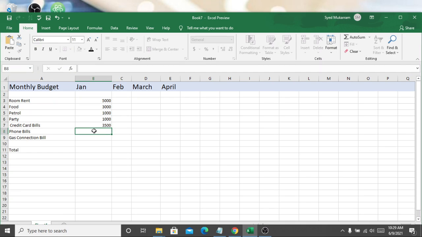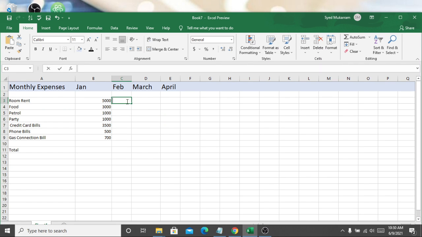And then you could calculate phone bills, somewhere around 500. And the gas bill was around 600 to 700. So this is my monthly budget, or you can say monthly bill or expenses. You can put anything, like expenses. So let's put expenses, that will be great.